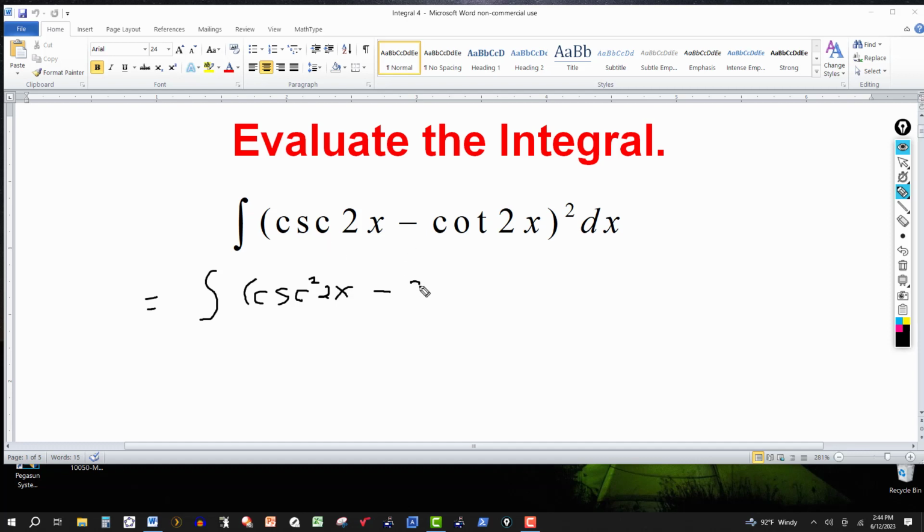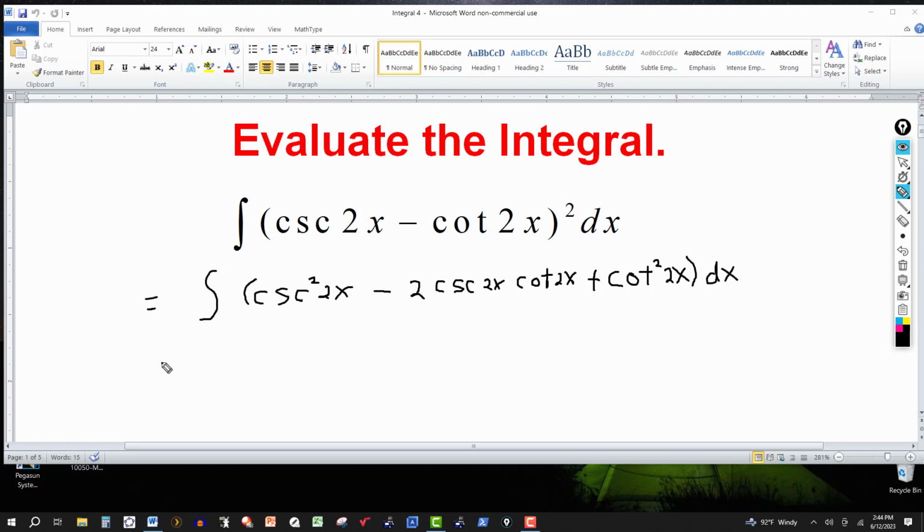This will be 2 cosecant of 2x times the cotangent of 2x. Plus the second term squared, so that'll give us a plus cotangent squared of 2x. And this is dx here.